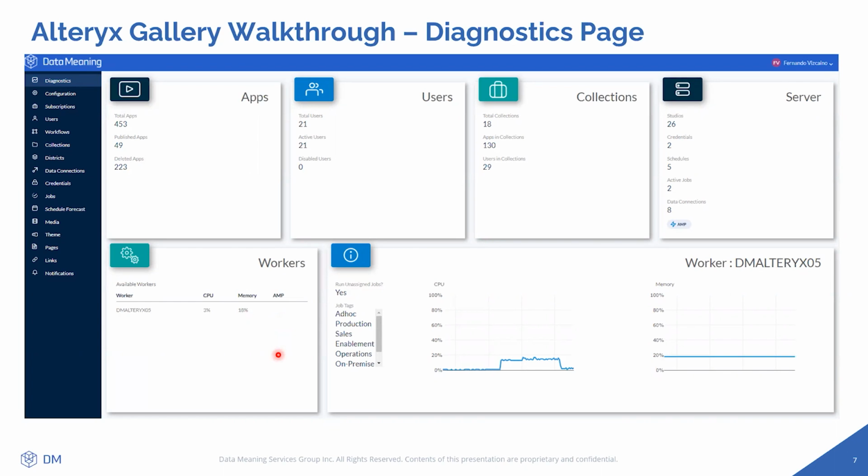On the right side, you're going to see a chart with the CPU and the memory consumption for the last hour for each worker. If you had multiple workers, just click on the worker name and the chart will be updated to reflect the worker that you've selected. So this is the diagnostics page, just a summary of what you have and what's happening at a glance on your server.